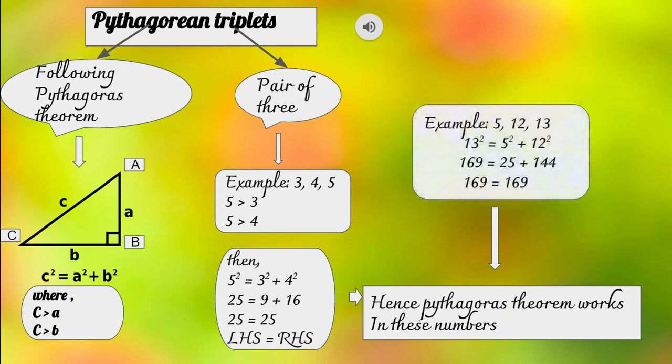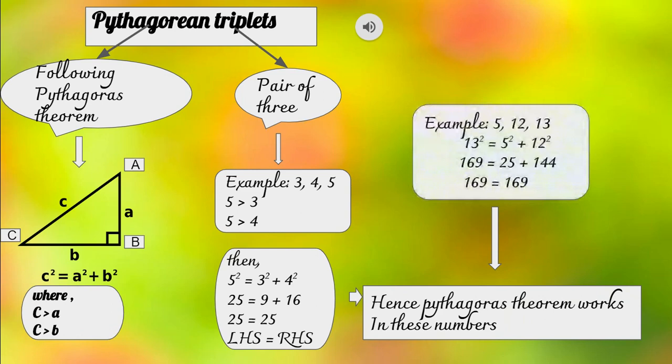Let's check. Whenever you want to check if numbers satisfy the relationship of the Pythagoras theorem, what are you going to do? Look at the three numbers; whichever is the biggest number is going to be your hypotenuse. Here, 13 is the biggest number.